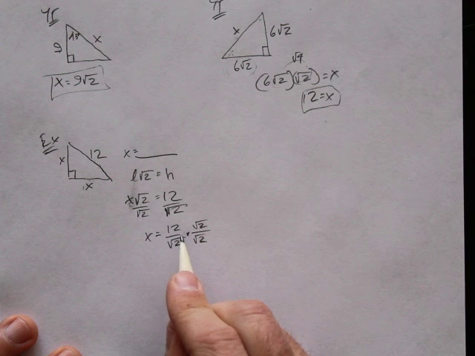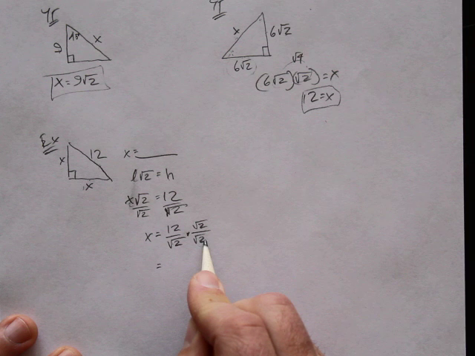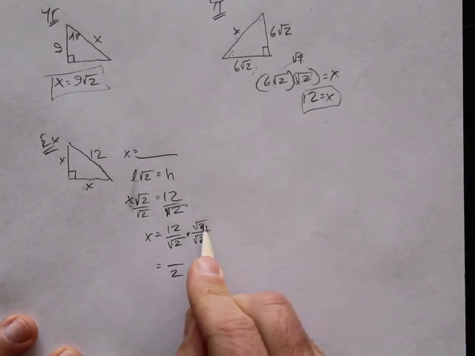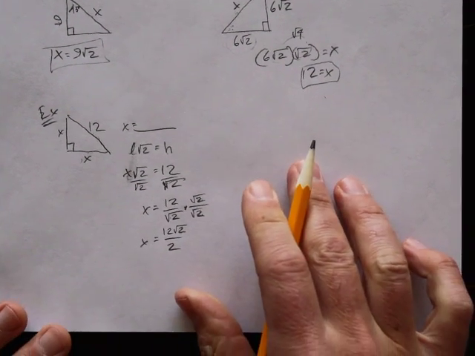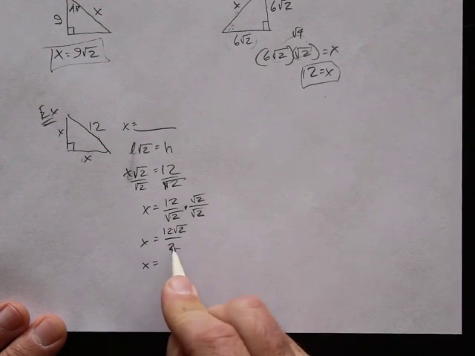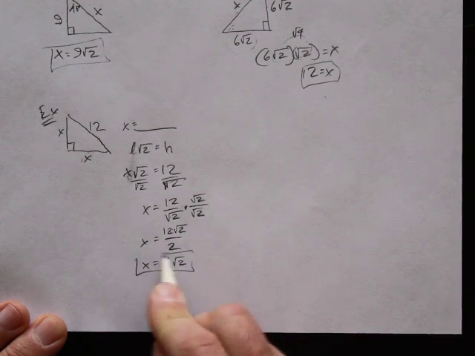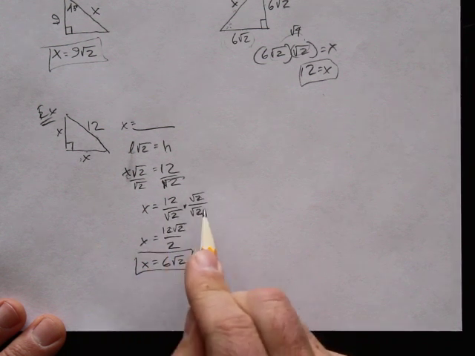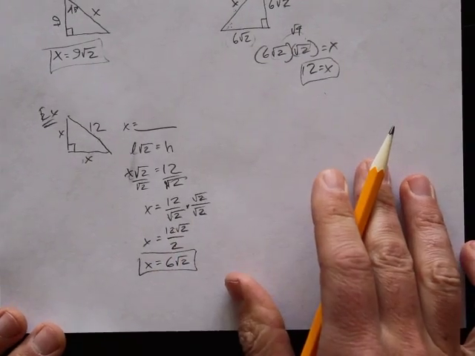So the square root of 2 times the square root of 2 is the square root of 4, which is 2. And 12 times the square root of 2 is 12 times the square root of 2. Now I have a little bit more to do because 12 divided by 2 is 6. So x equals 12 divided by 2, which is 6, times the square root of 2. So there's my answer. This is called rationalizing the denominator, to get the radical out of the denominator.